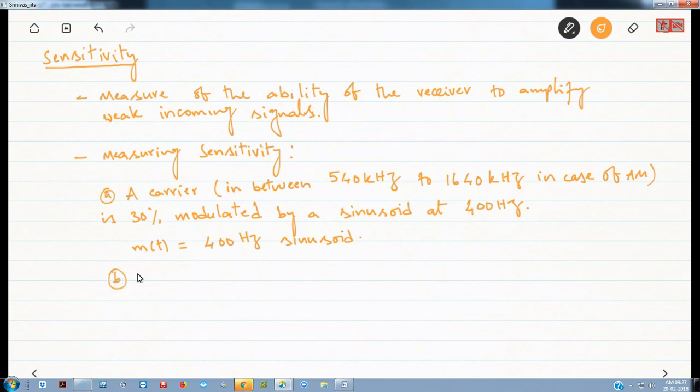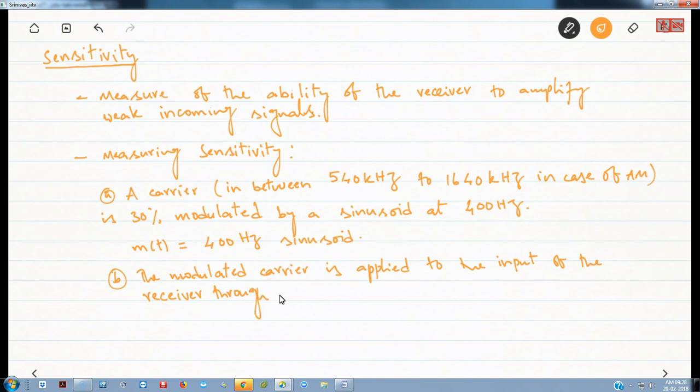Step 2: the modulated carrier is applied to the input of the receiver through a standard coupling circuit.